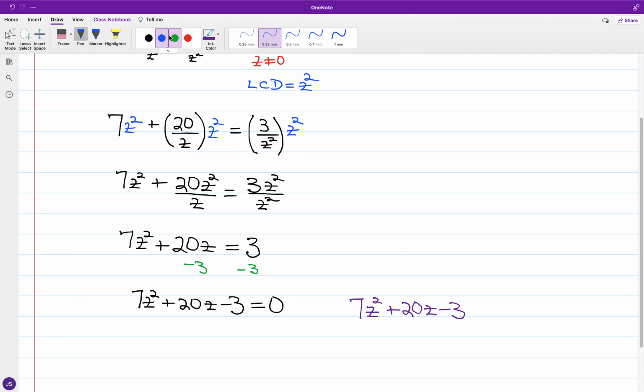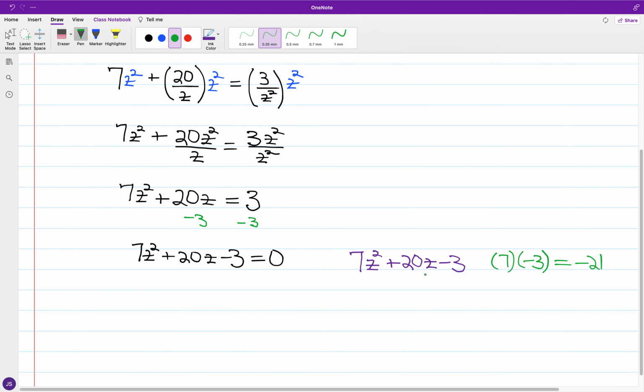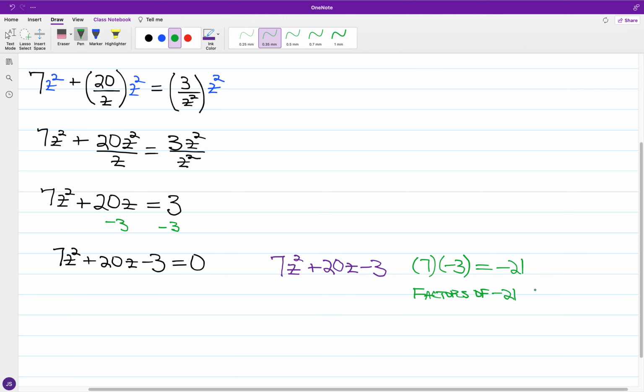Looking at the first and the last coefficients, we have 7 and negative 3, and 7 times negative 3 comes out to negative 21. Involving the coefficient 20, we're looking for factors of negative 21 that will add up to 20.